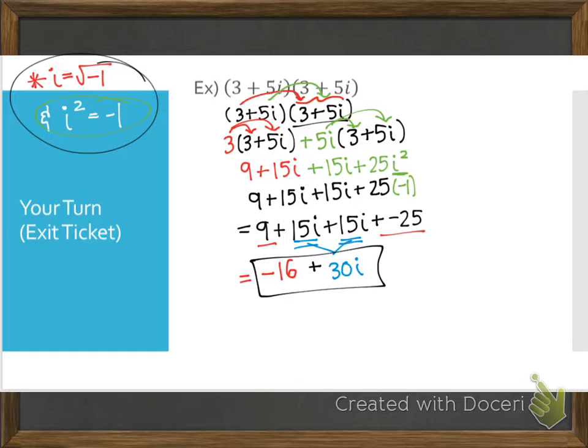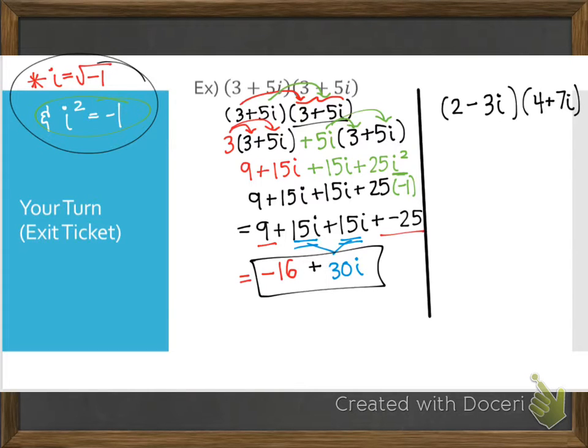All right, so let's try one more. So this is our last example. Let's say I give you 2 minus 3i multiplied by 4, and let's say plus 7i.